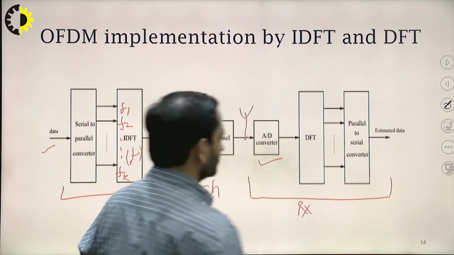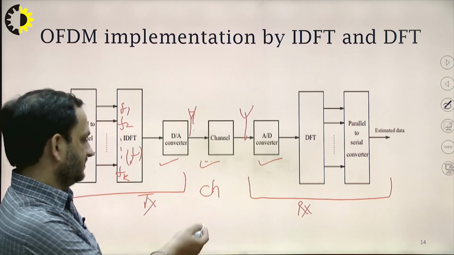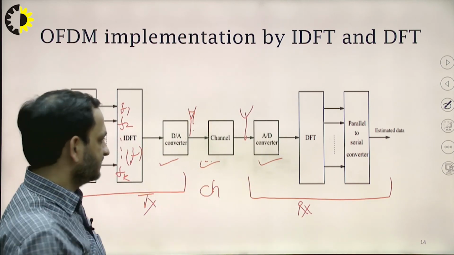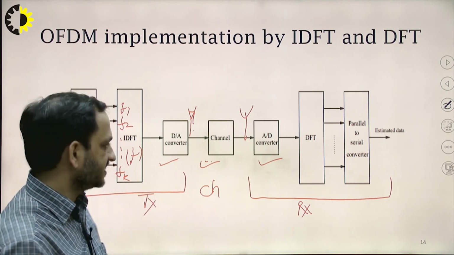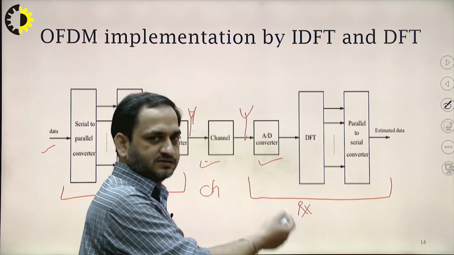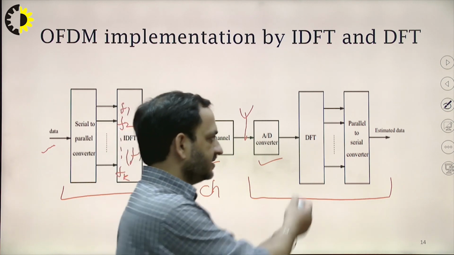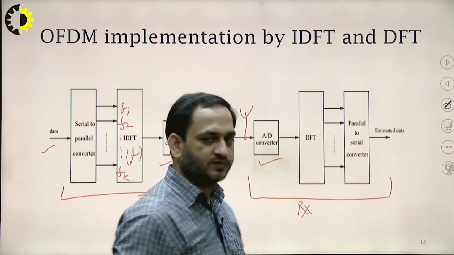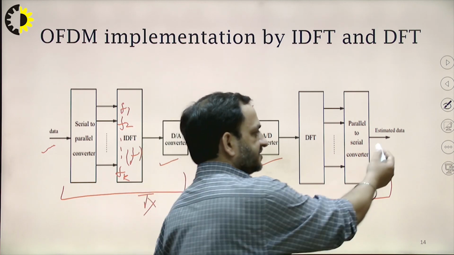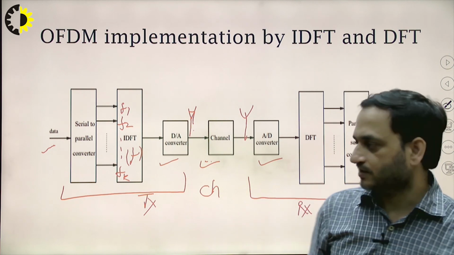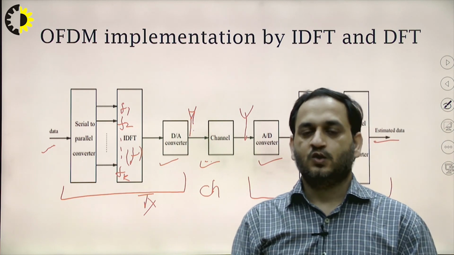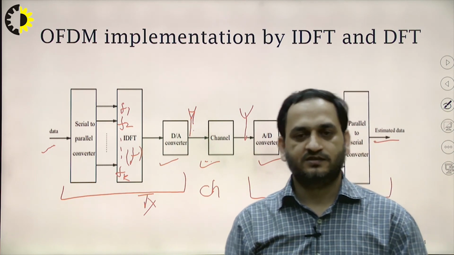The reverse operation happens at the receiver side as at the transmitting side: A to D converter, then DFT, and then parallel to serial converter. Then we pass the estimated data through the decision making devices. This is the block diagram for the OFDM implementation by IDFT and DFT.